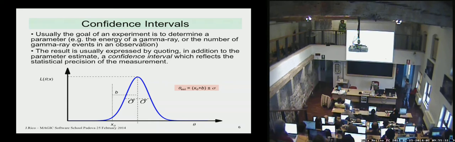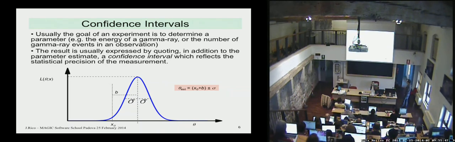Now, confidence intervals. Normally the goal of the experiment is to determine a parameter, for example, the energy of the gamma ray, or the number of gamma ray events in a given observation. Those could be observables that we want to determine. And the result is usually expressed by quoting, in addition to the value of the most likely parameter, a confidence interval.